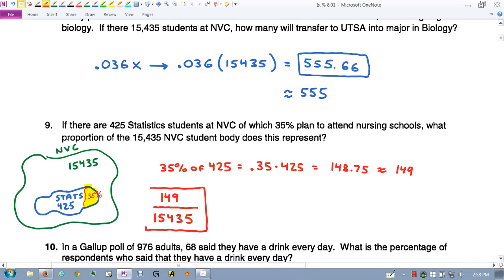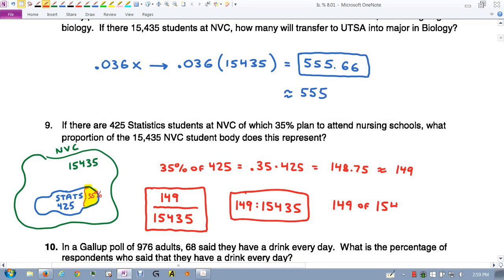If it's a proportion, we can leave it like that. That's 149 over that. Or you could write 149 colon 15,435. Or you could say, in words, 149 of 15,435. Any of those answers would be correct.